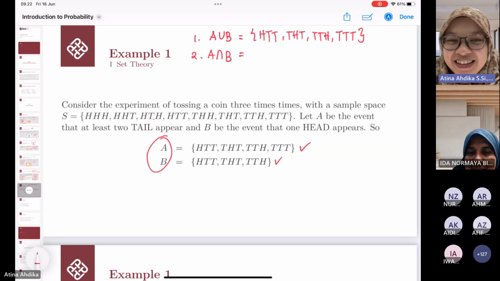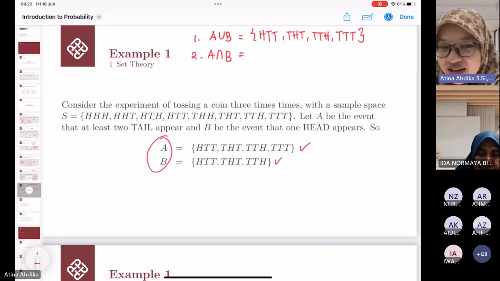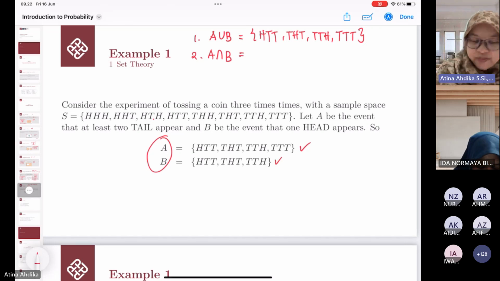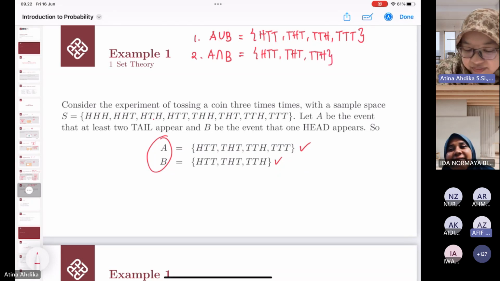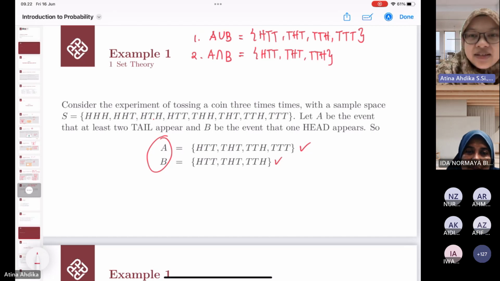HTT, THT, and TTH. Because both have the same elements. Yeah, correct. So for the intersection, we have to write all of the similar elements that are in both A and B.